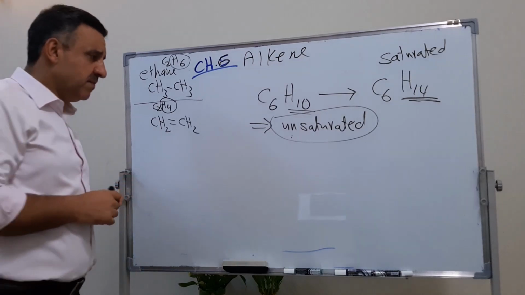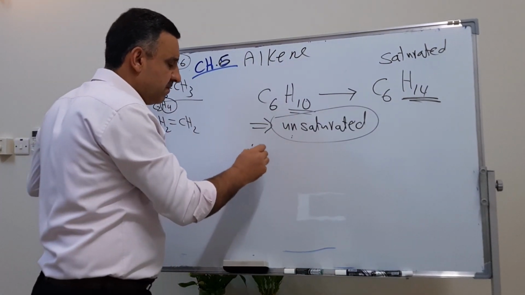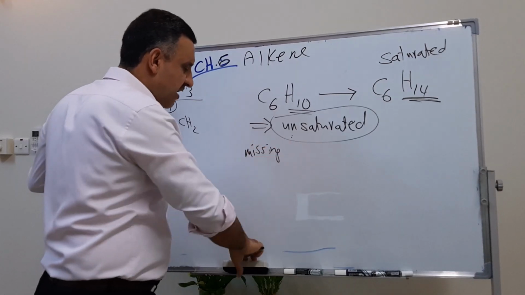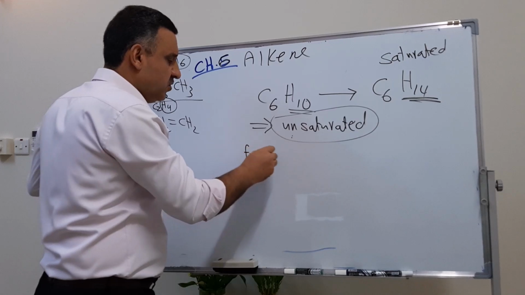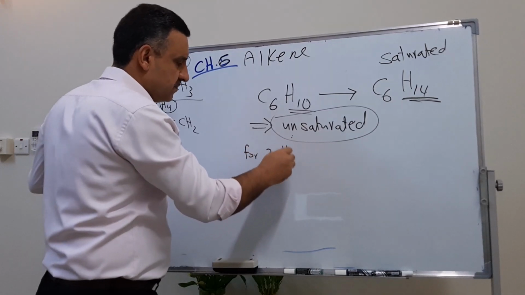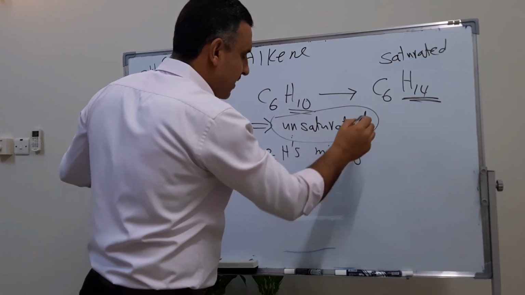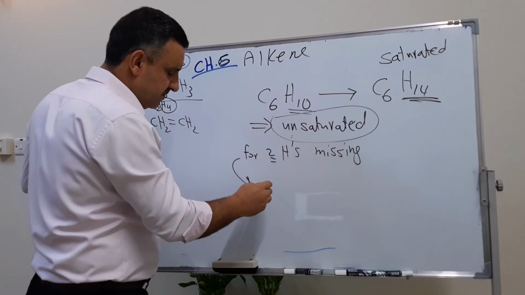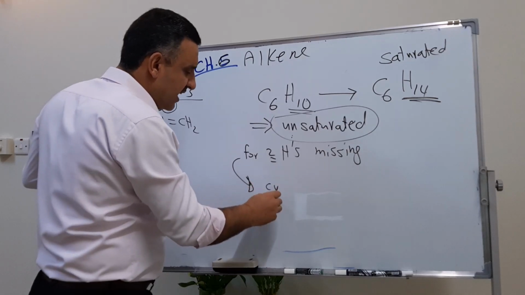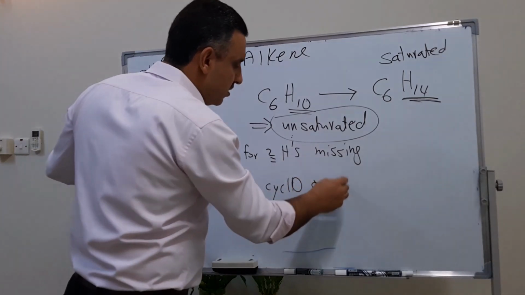Now, in general, for every 2 hydrogens missing from the saturated formula, we may conclude that either we have a cyclic system, a cyclo, or a double bond.